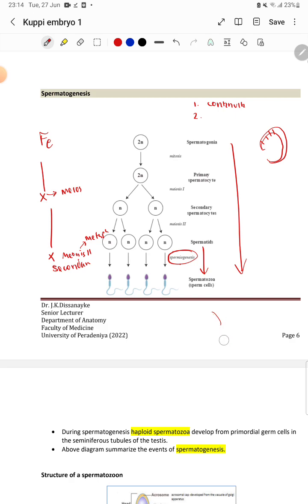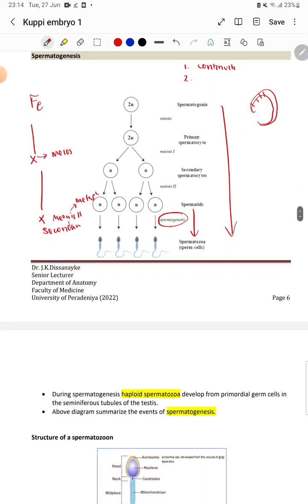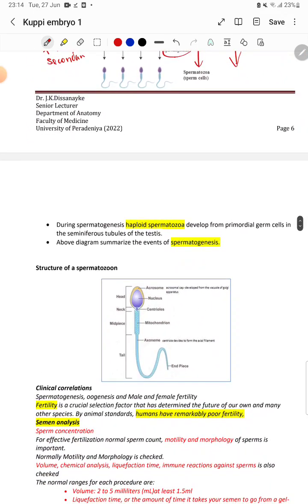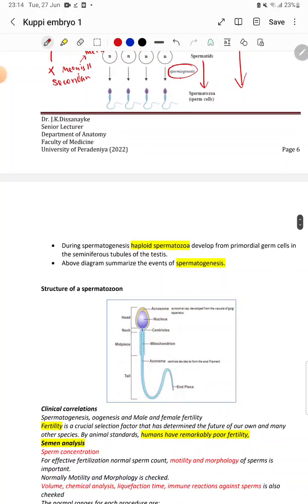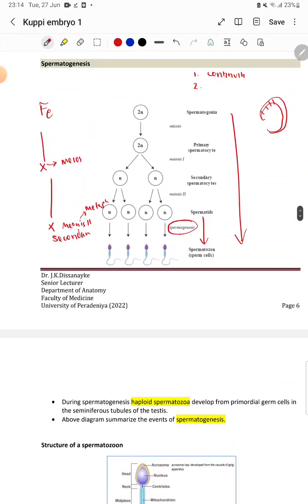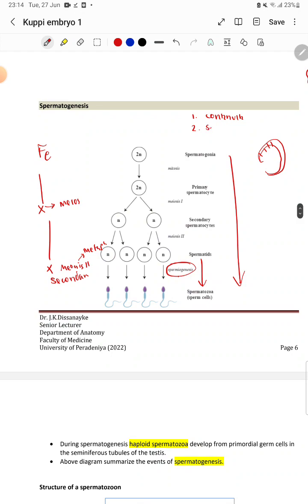Sorry, I didn't draw it properly. Anyways, there's a better picture over here. So the head, the neck, the mid-piece, and the tail. And so all of this will be developed during spermiogenesis. So that's the second thing. So you have that extra step known as spermiogenesis to give you that proper shape, that proper function, therefore the proper ability to actually fertilize.